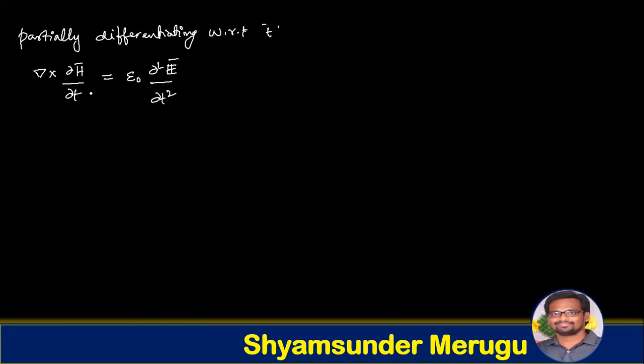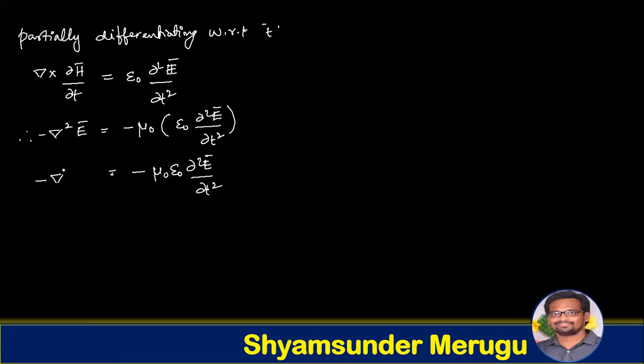Now substituting this term in the previous expression, we get, therefore, minus del square E bar equal to minus mu naught epsilon naught dou square E bar over dou T square, which gives del square E bar equal to mu naught epsilon naught dou square E bar over dou T square.